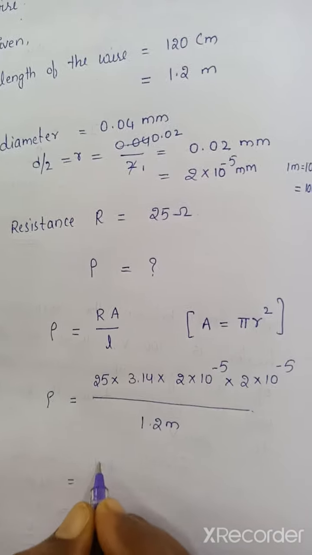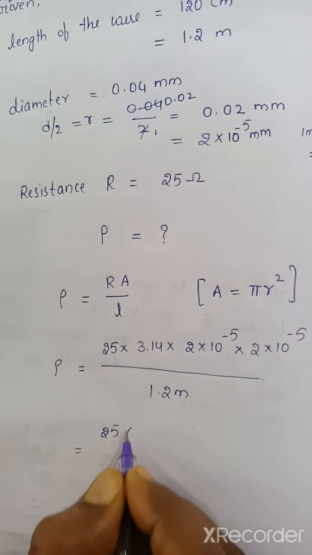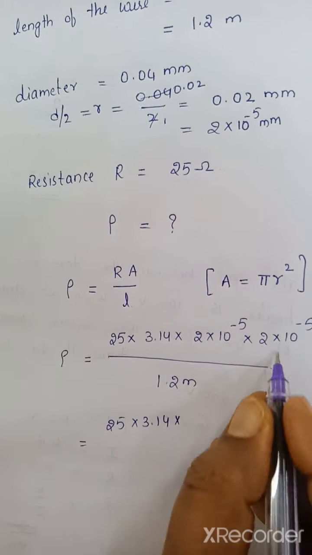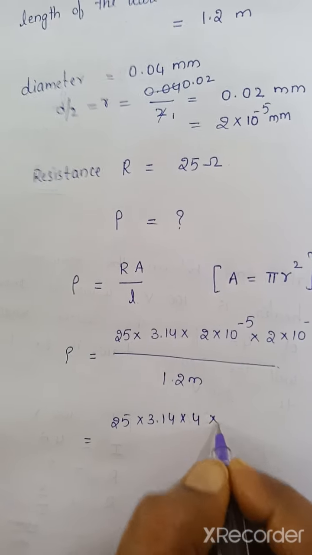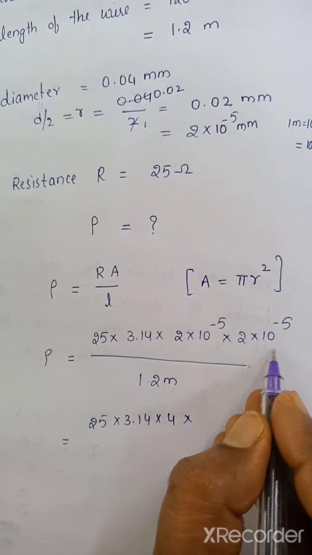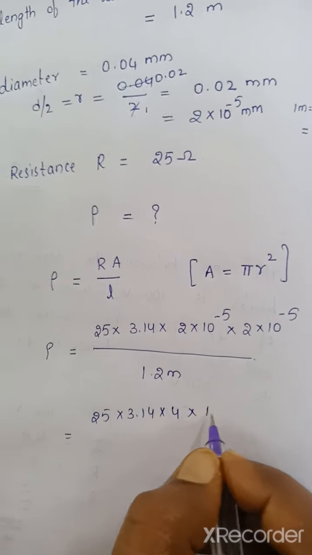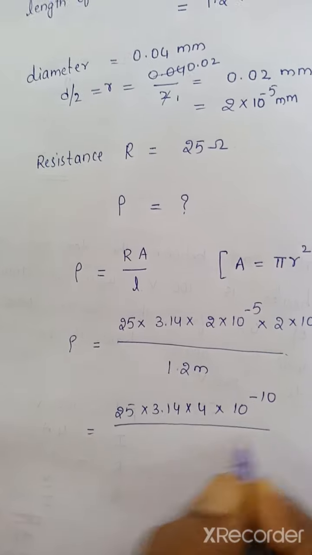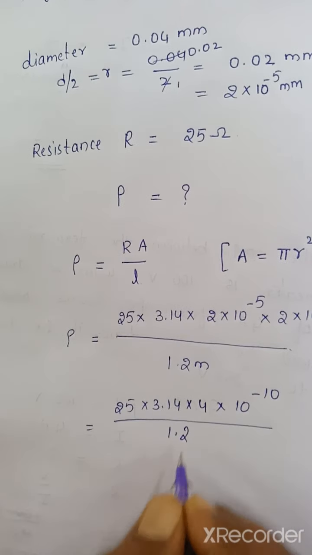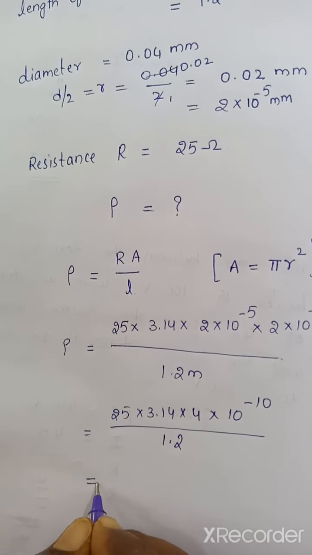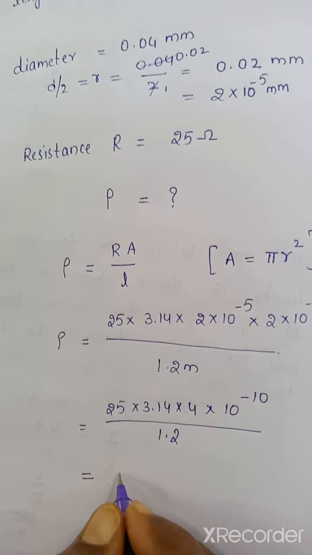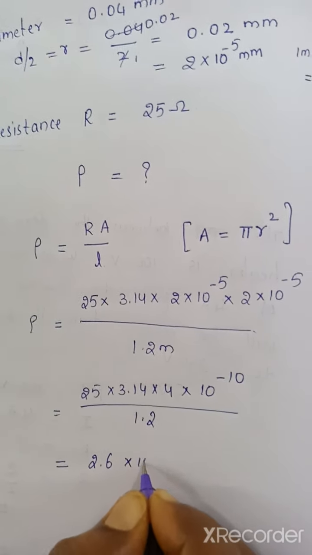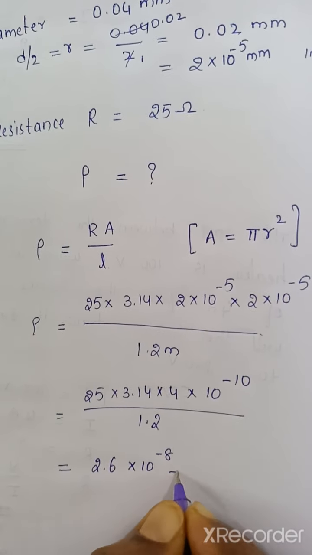Simplify it: 25 into 3.14 into 2 into 2 is 4, and as the bases are the same, the powers get added, so its value is 10 power minus 10 by 1.2. Go on simplifying and you will get the answer as 2.6 into 10 power minus 8 ohm meter.